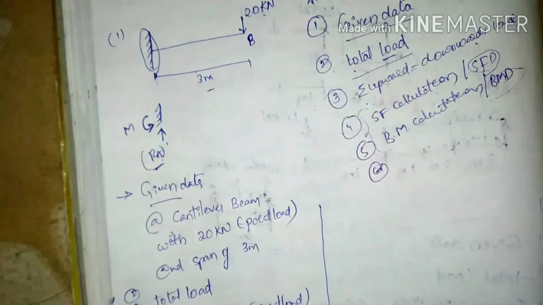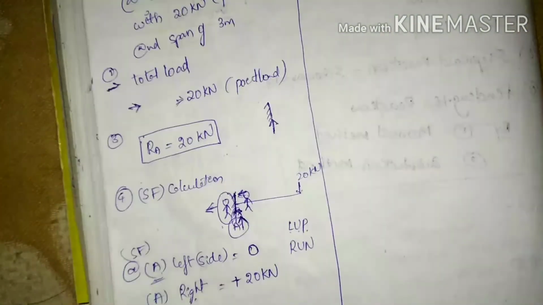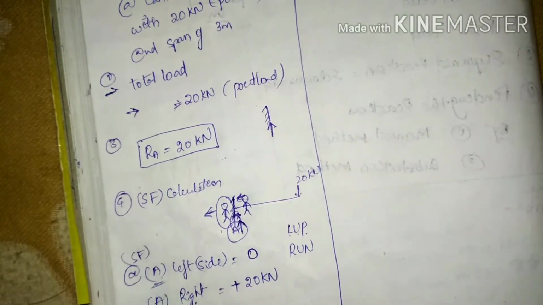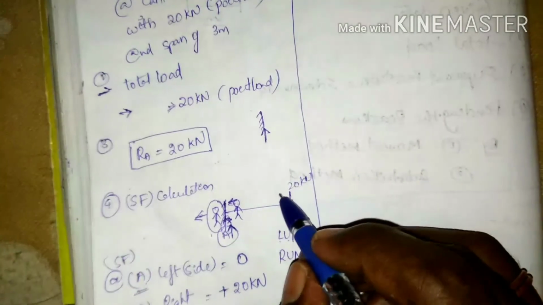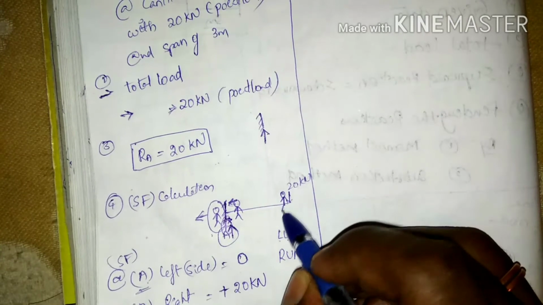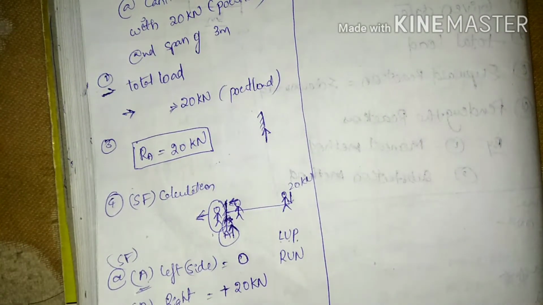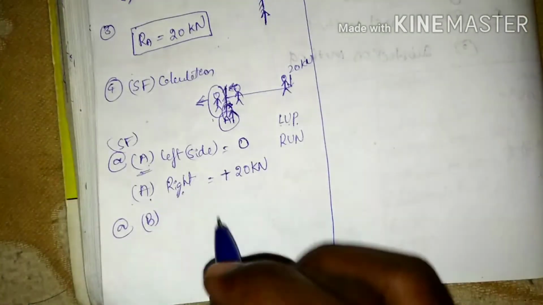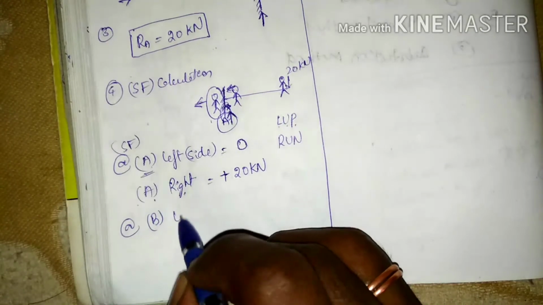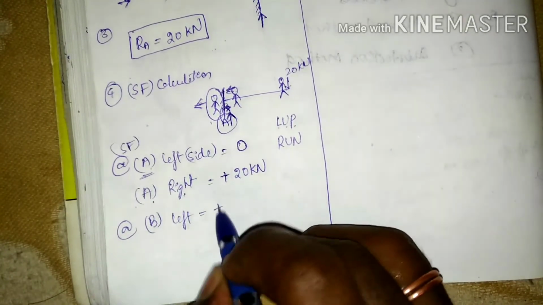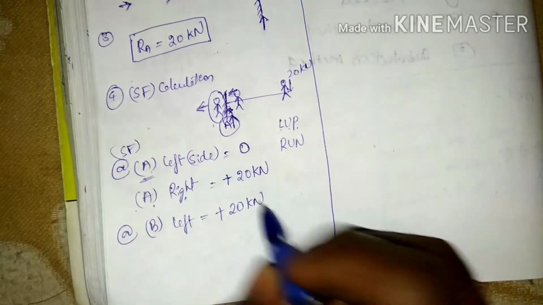Let us consider this point B. At B, standing just before the load acting, you find the RA reaction force in the upward direction, left up, equal to positive 20 kilonewtons.